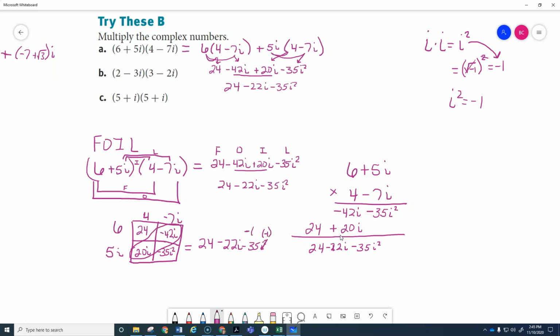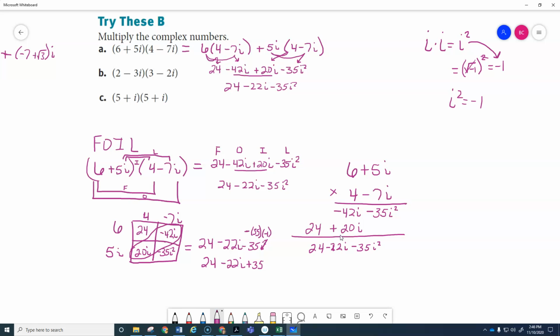So you have a -35 now times a -1. So you have 24 -22i. A -35 times a -1 becomes a +35. And the I squared is gone because we replaced the I squared with the -1. It is an equivalent value.